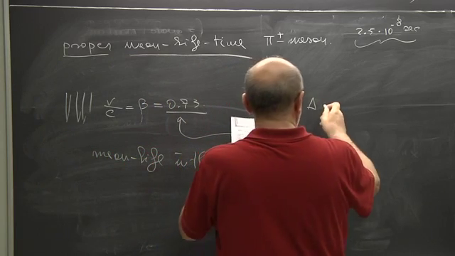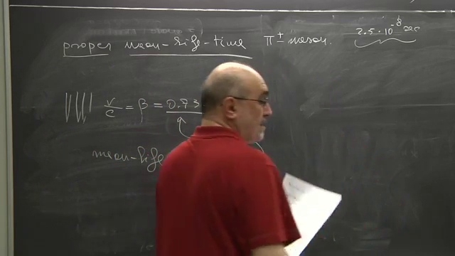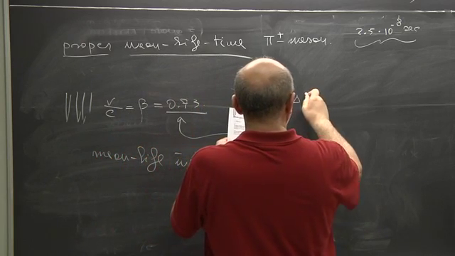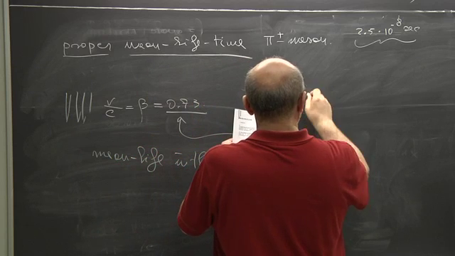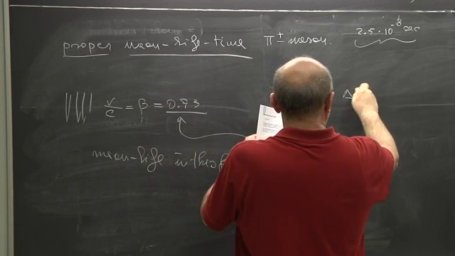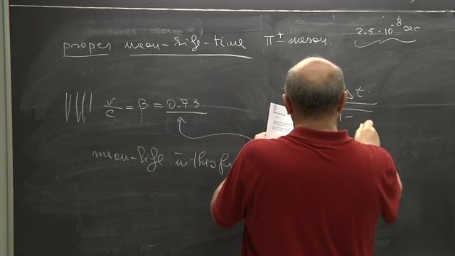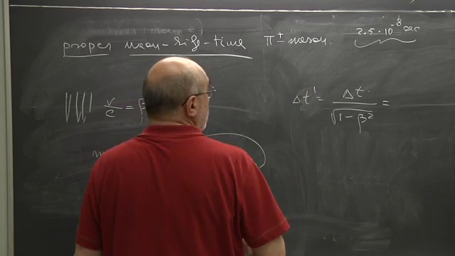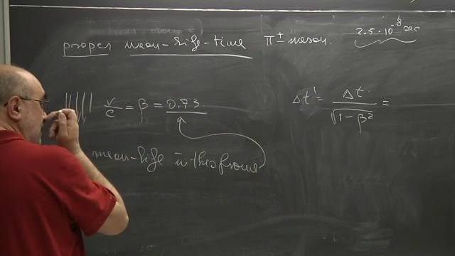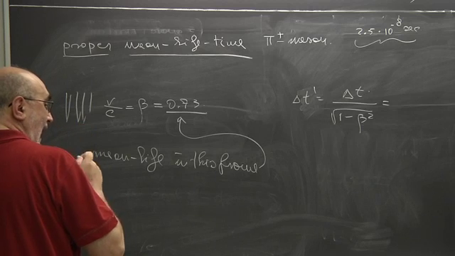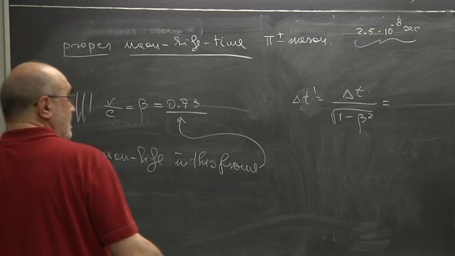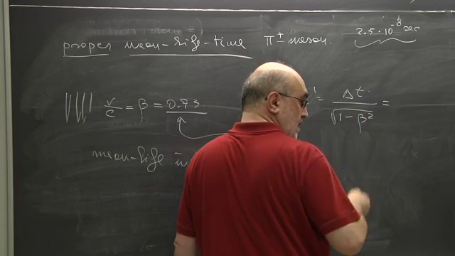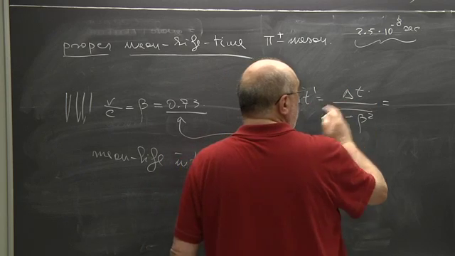Now, we know that there is time dilation, and the formula is delta t prime equals delta t divided by the square root of 1 minus beta squared. That formula tells me the time in the moving frame, where I am not sitting with the particle at rest. The delta t is the time on the particle at rest, divided by this factor.